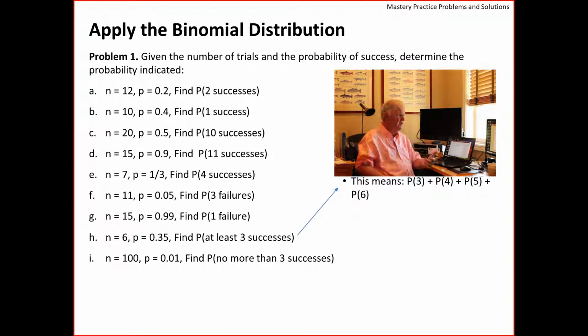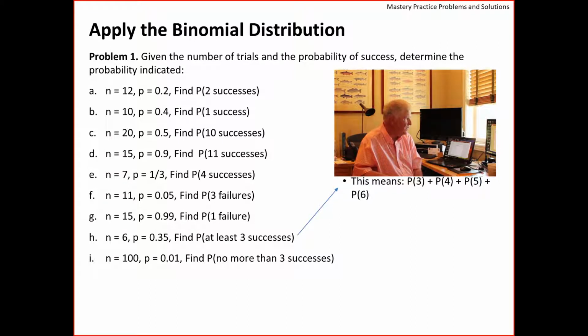It's the probability that there are 3 successes, plus the probability that there are 4, because both 3 and 4 are at least 3, plus the probability that there's 5, plus the probability that there's 6. We're only doing 6 trials. P3 plus P4 plus P5 plus P6. That is the probability of at least 3 successes.